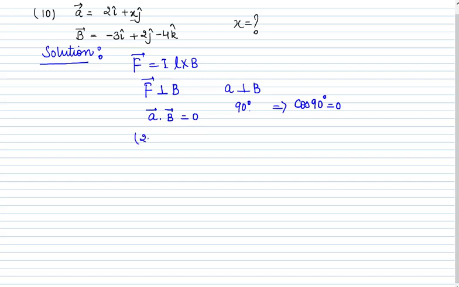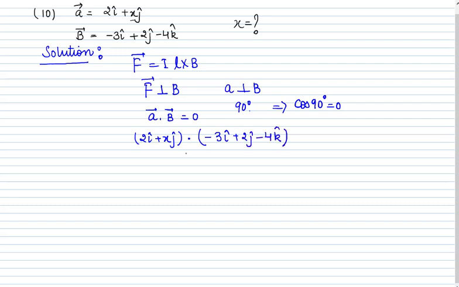Put the value of A as 2i cap plus xj cap, then take a dot product, because cos 90 is 0 and theta is 90 degrees, and this dot always stands for cos theta. So then write down the value of B, minus 3i cap plus 2j cap minus 4k cap.